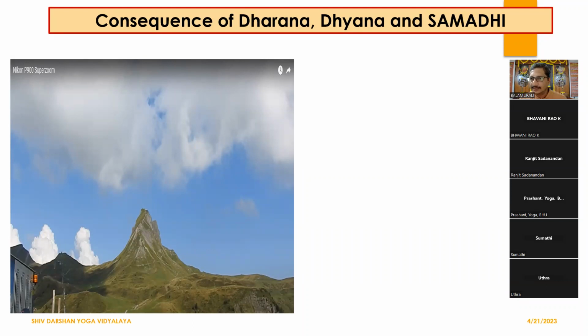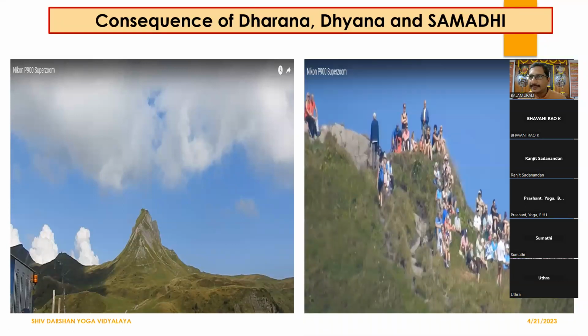Why so silent? I can see none. Hardly anyone. Are you not seeing these people here, or here in this first photo? Yes, sir. I think the second photo is the zoomed photo. But we are unable to see.